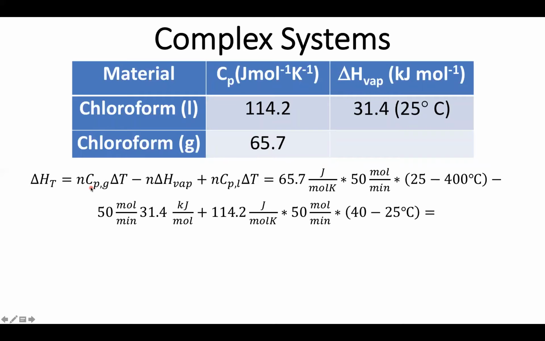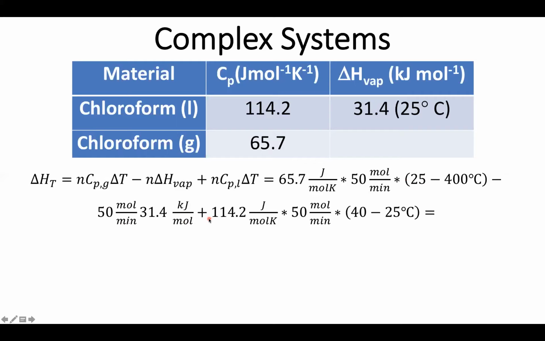So I'm going to actually send my calculation through an artificial system, as I'm going to figure out how much energy would be given off by cooling my gas all the way down to 25 degrees C. So again, using the heat capacity and the moles of gas. And then I'm going to assume that the chloroform condenses at room temperature, which it will not.